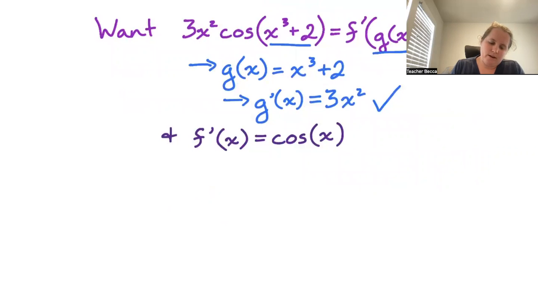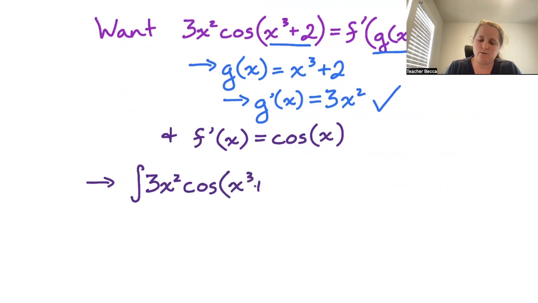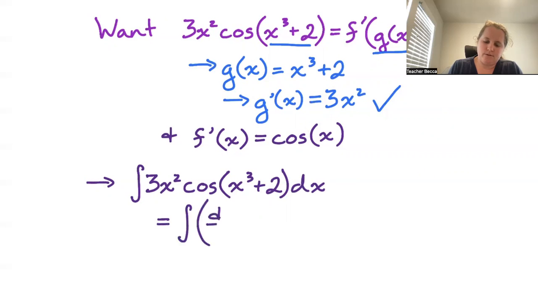So essentially what we have is the integral of 3x squared cosine of x cubed plus 2 dx is the integral of the derivative of, we have f prime of x equaling cosine x, which would come from f of x being sine of x.